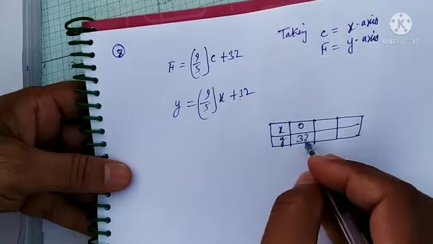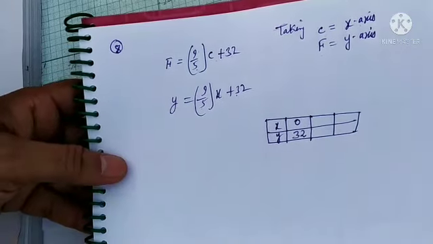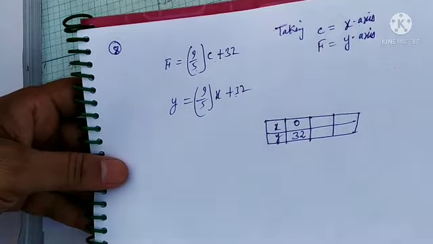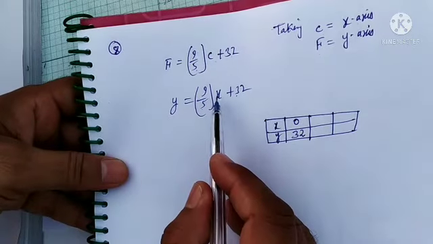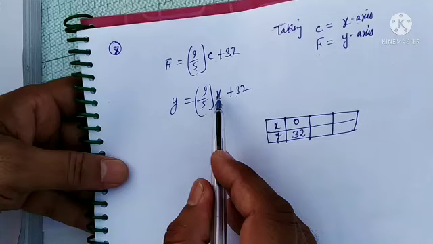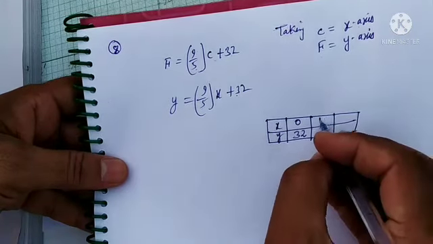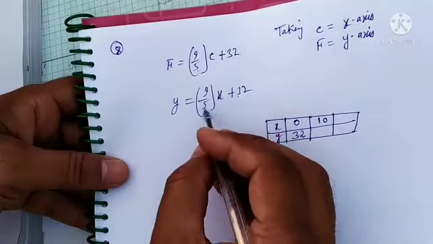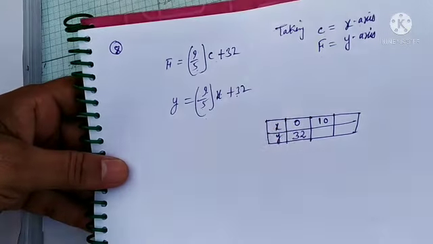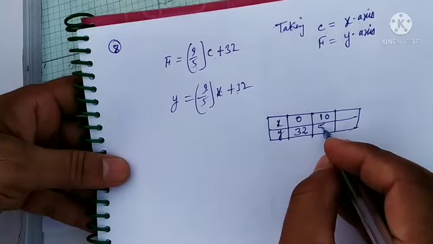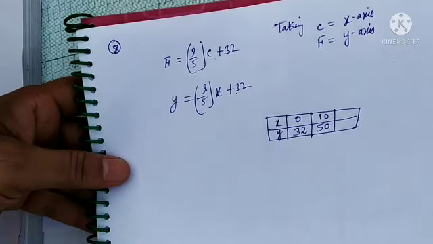The y value is 32. That we got very easily: (0, 32). Now take the second value as a multiple of 5 or 10. If you take 10, then 5 into 10 and 2 nines are 18. 18 plus 32 will be 50.